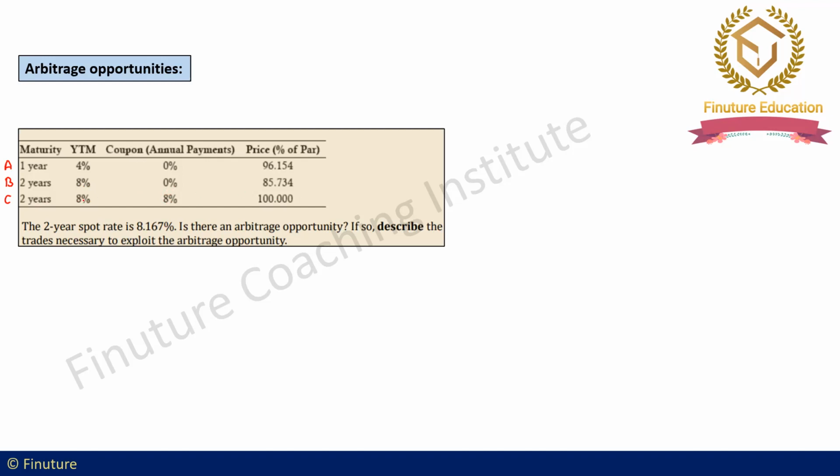So YTM and coupon are the same. That's why the bond is trading at par. So the current prices of bonds A, B, C are given.